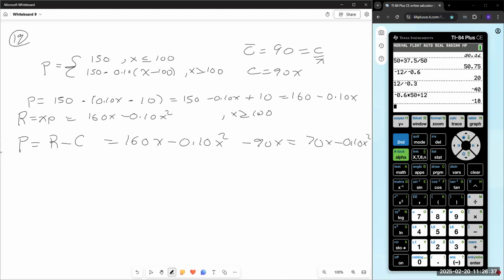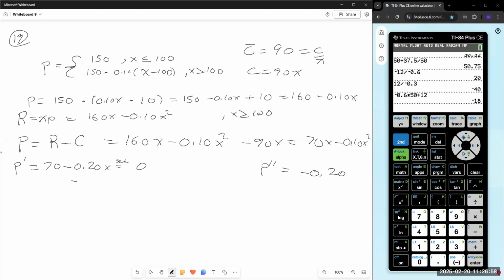And our P prime is going to be 70 minus 0.20x. Our P double prime, if we need it, is going to be negative 0.20. So always negative, which means that my critical number that I'm about to find has to represent a maximum.